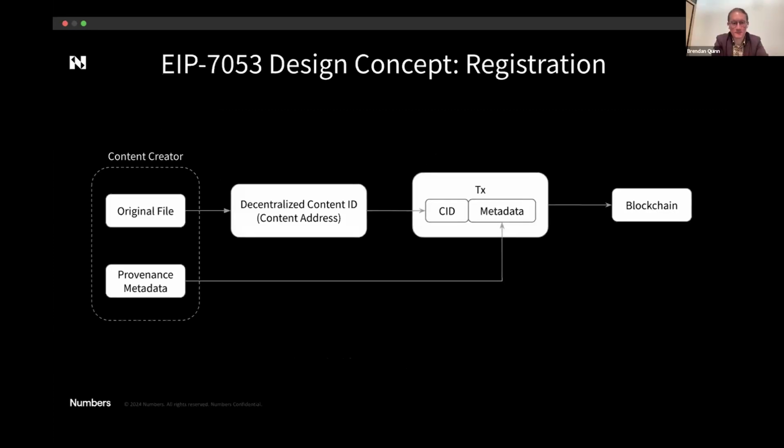Okay, the idea of 7053 is simple. Let's say you have a photo, the original content file, and its provenance metadata. You can obtain the photo content ID and then create a blockchain transaction to link the metadata and its content ID.